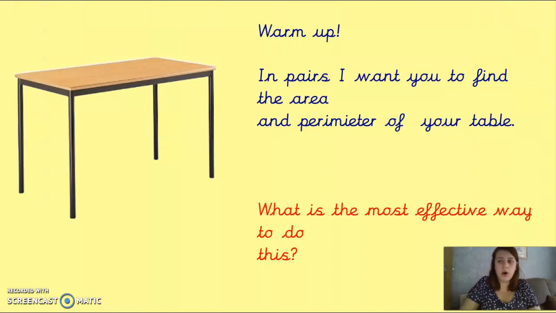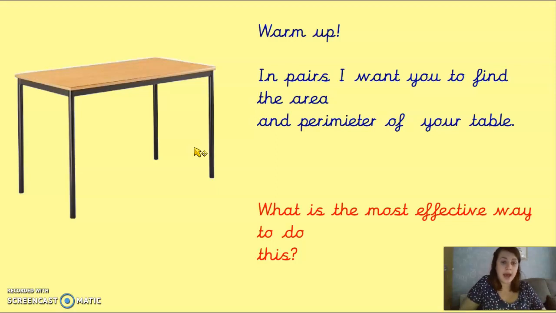As a warm-up, I would like you to have a look at the table that you are doing your work on currently. And I want you to find the area and the perimeter of your table, okay? So what's the most effective way to do this? Obviously, depending how big your table is, you're going to need a unit, something to measure it by.